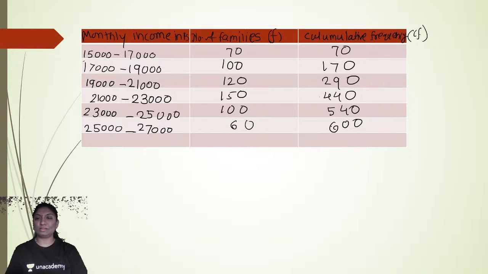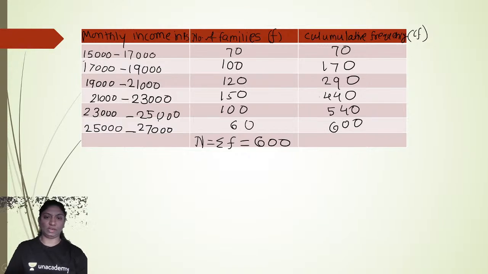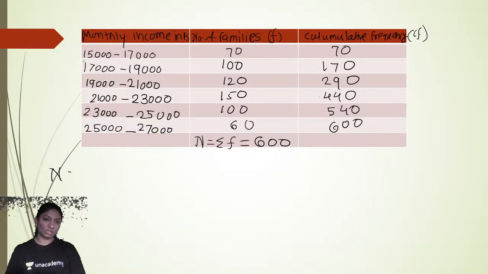Obviously, if you see now, the number is the same. Yeah, the sum of the frequencies is the same. N is equal to summation of F, that is equal to 600.